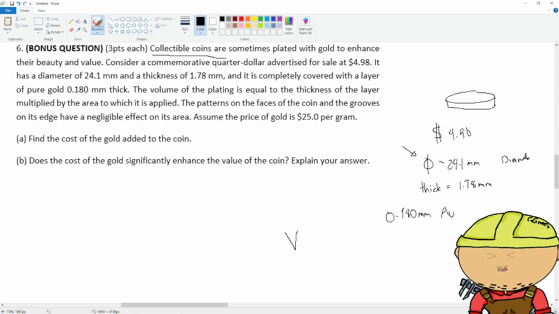The volume of the plating, the volume of the gold, is equal to the thickness of the layer, 0.180 millimeter, multiplied by the area to which it is applied.